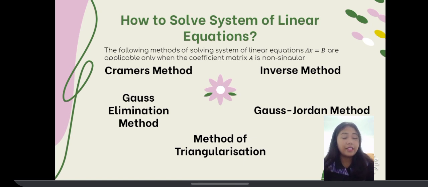In the previous video, we learned about the solution of a linear equation system, and now how to search for the solution. There are methods for solving a system of linear equations. The following methods of solving the system Ax equal to b are applicable only when the coefficient matrix A is non-singular. The first one is Cramer's method.